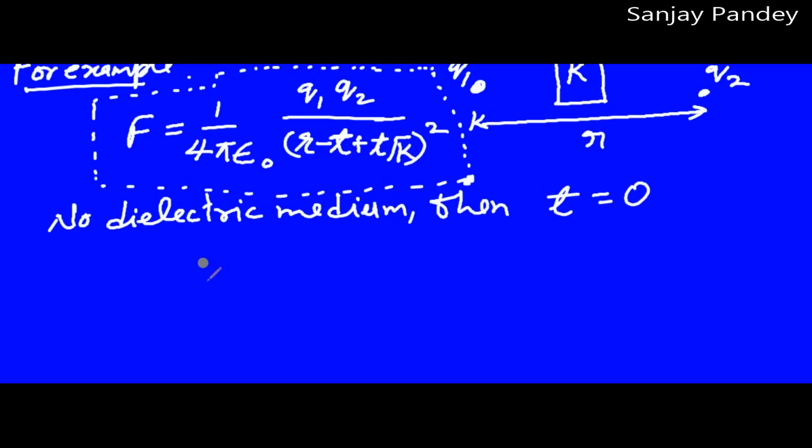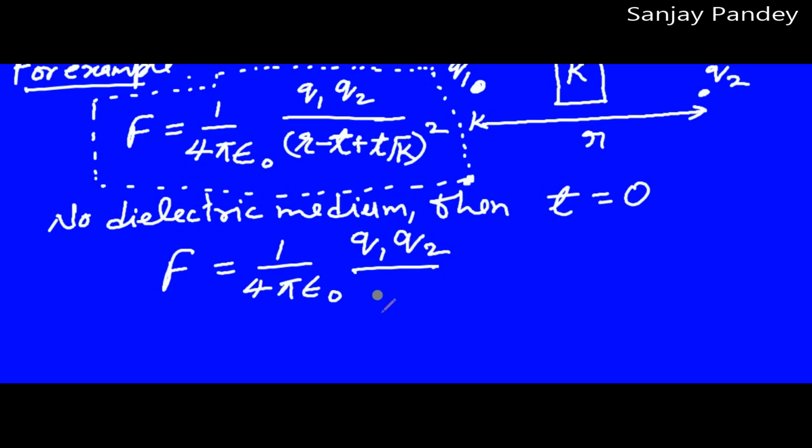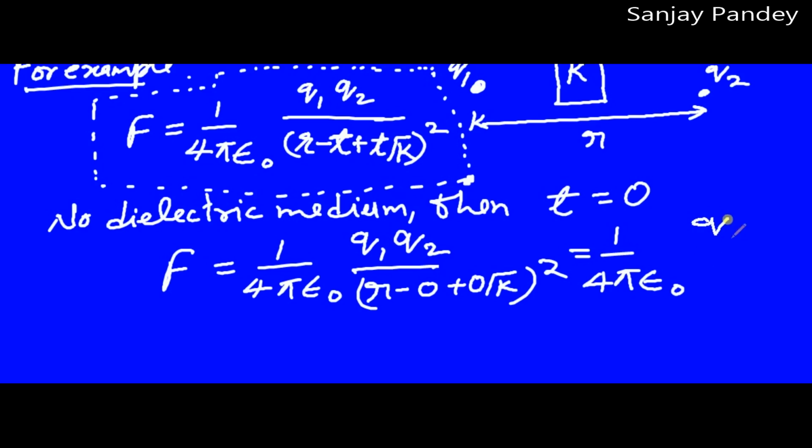And in this case, F will be equal to 1 upon 4 pi epsilon naught Q1 Q2 upon (r minus 0 plus 0 root K) whole square. It will be equal to 1 upon 4 pi epsilon naught Q1 Q2 upon r square.